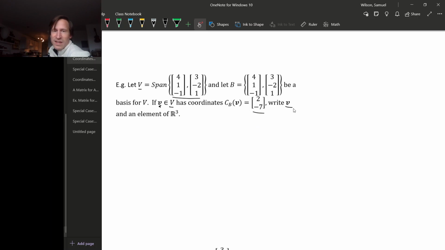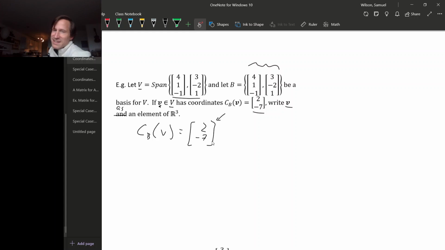Then let's write v as an element of R3. So this basis defines a coordinate mapping, and we know the output of this coordinates, so we know the coordinates of little v relative to this basis.